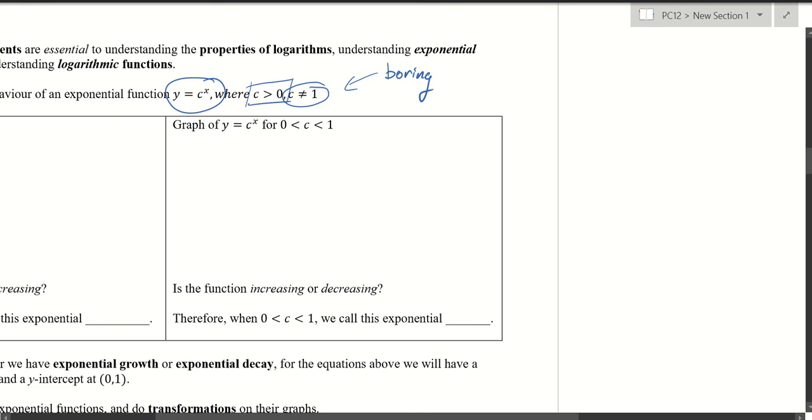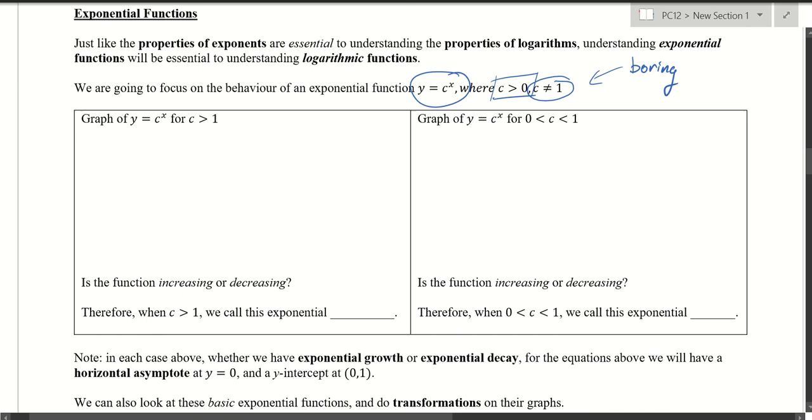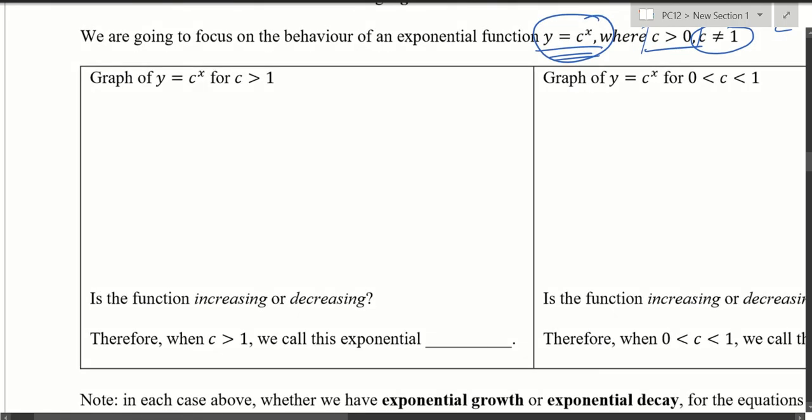More rigorously, the number 1 as a base doesn't exhibit the behavior that we define exponential functions to exhibit. In other words, it doesn't provide us with exponential growth or exponential decay. Okay, so we're looking at exponential functions only with positive bases excluding 1.